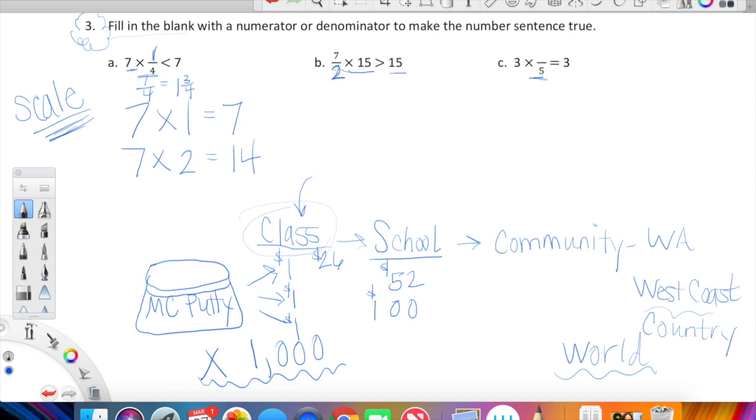If I were just to find a fraction of something less than, like 1/2 of 15, that's not going to be larger than 15. In order to create a value that's going to be greater than 15, we need to find a fraction that's greater than 1.